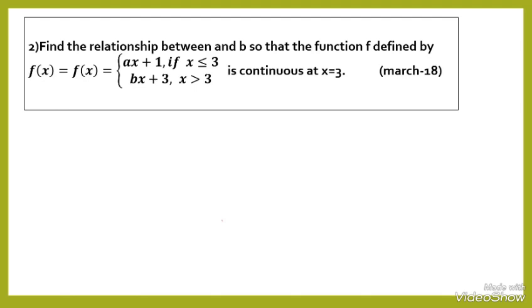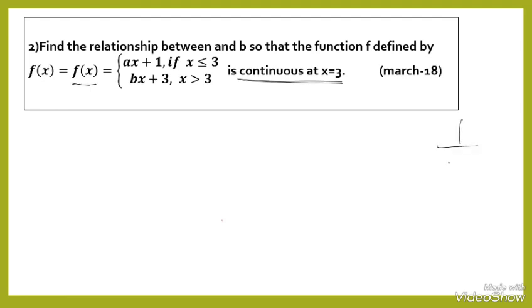Here we have to observe the function f of x. They have given 2 pieces, and they only say the function is continuous. At x equals 3, we have to roughly draw.